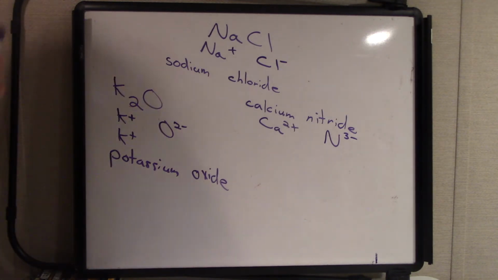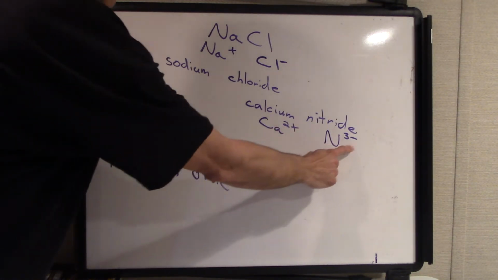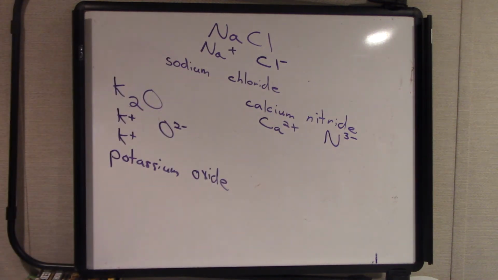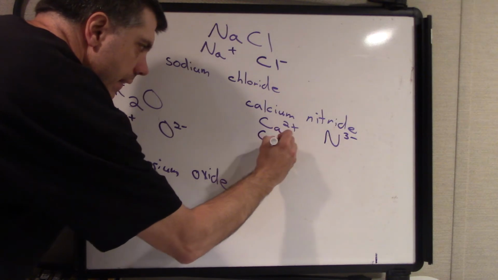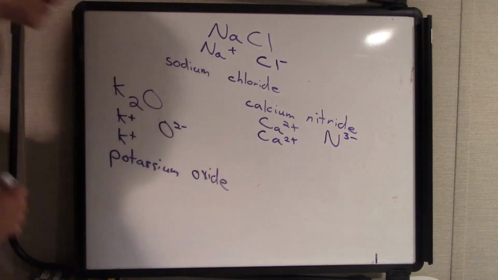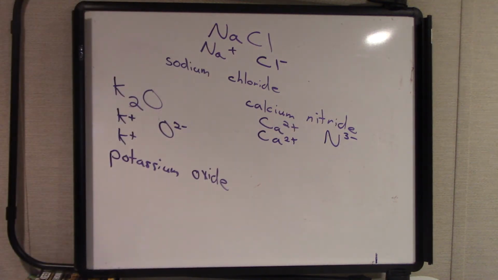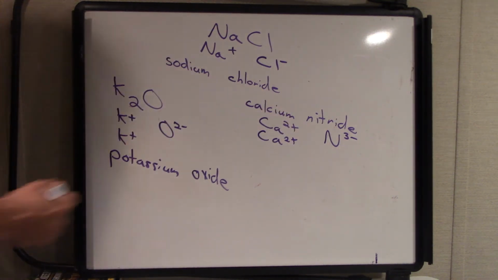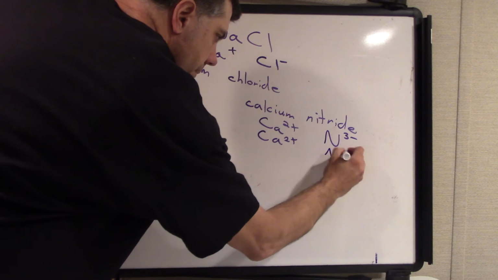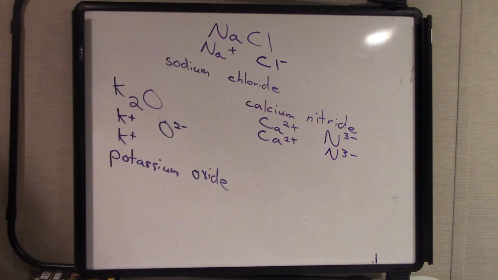You look at what you need more of. Right now I'm at +2 and -3. I'm short positives. So what am I going to do? I'm going to add another positive ion. Now I'm at a total of +4, -3. Now I'm short negatives. So now I'm going to add one of these negative nitride ions.